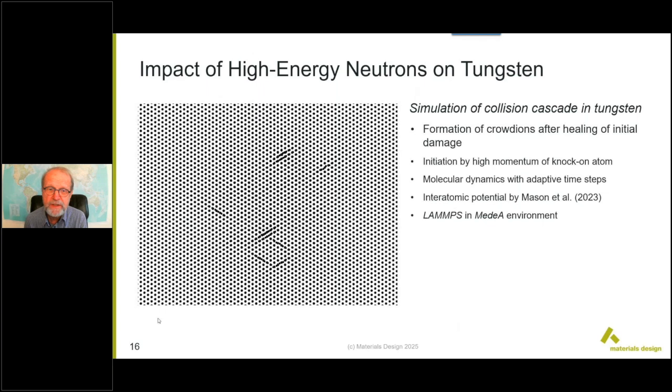So what you basically have seen is that you get this initial explosion of defects, but then because of the heat that you're generating locally, there's also healing going on, and you're ending up with a relatively few localized, what metallurgists would call crowdions.